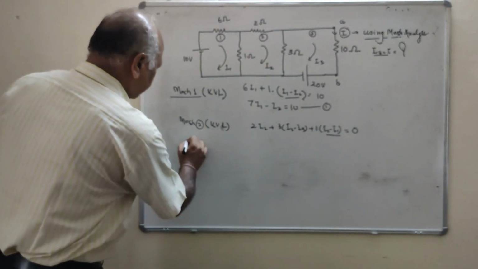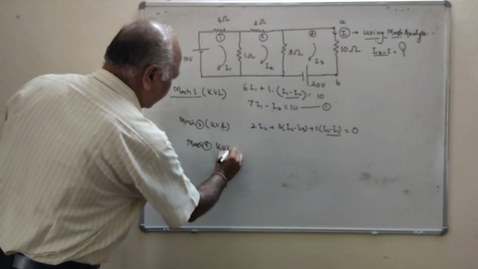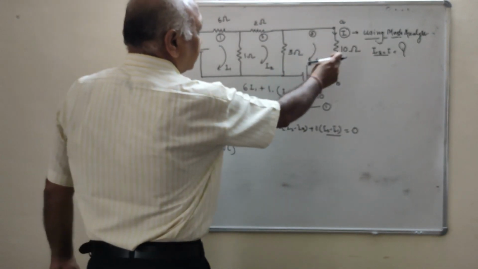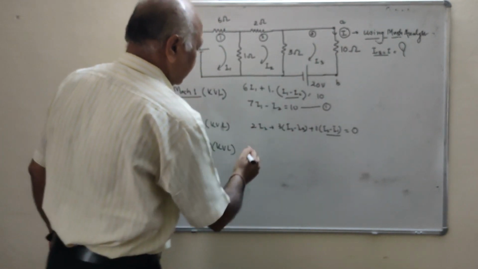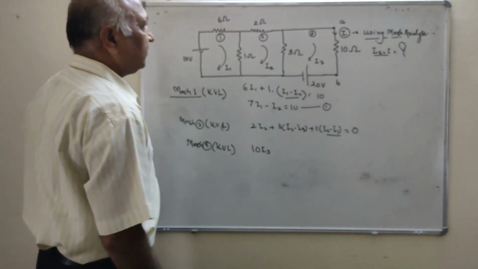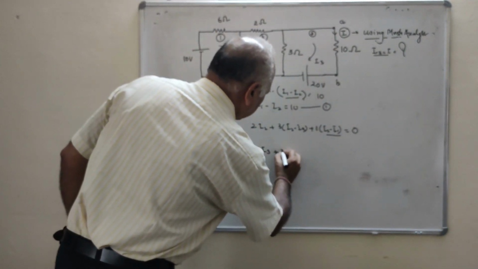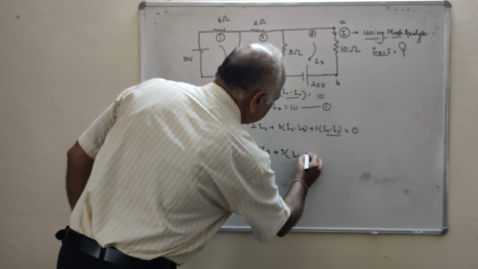In mesh 3, applying KVL. What is this? Drop in the 10 ohm resistance: 10 I3. Any doubt? 10 I3 plus 3 into I3 minus I2.